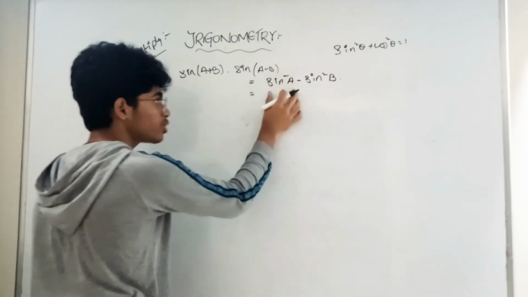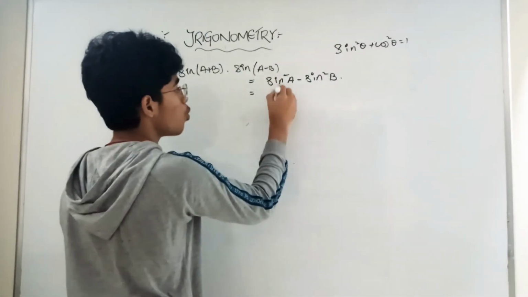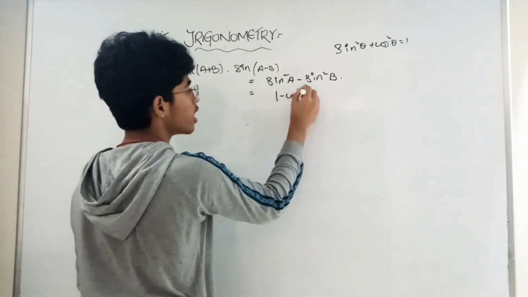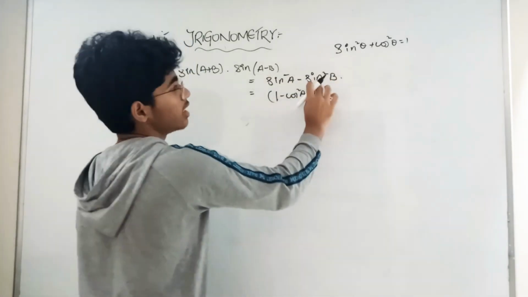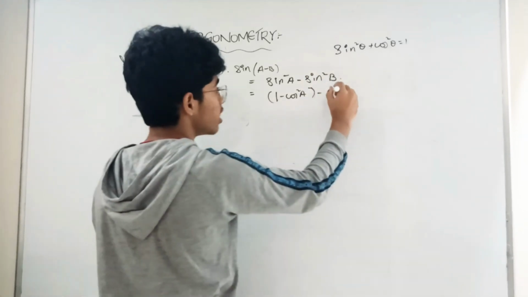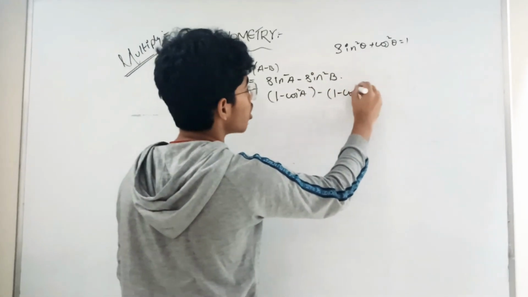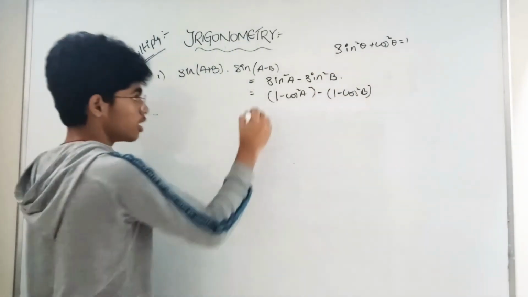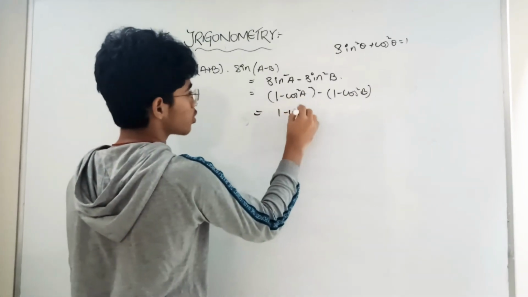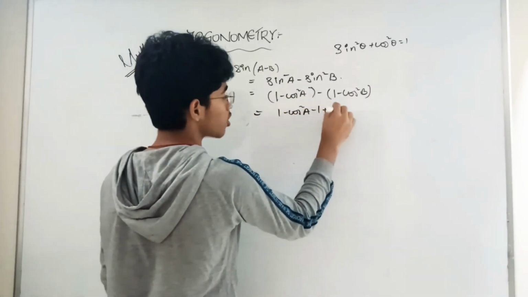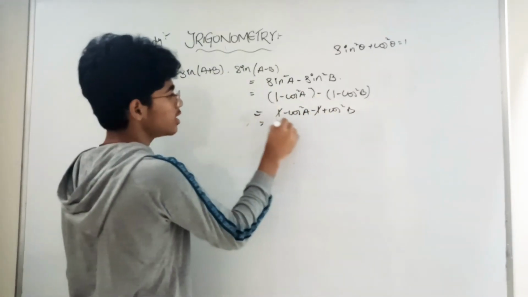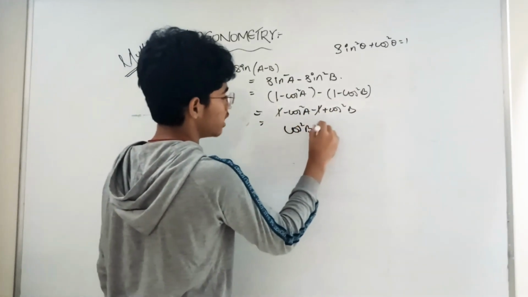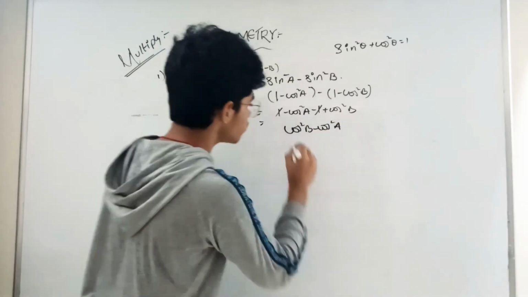So instead of sine square a, I'm going to write 1 minus cos square a, and the minus is going to stay there. And instead of sine square b, I'm going to write 1 minus cos square b. So 1 minus cos square a minus 1 plus cos square b. So 1 is going to get cancelled, and the answer is cos square b minus cos square a.